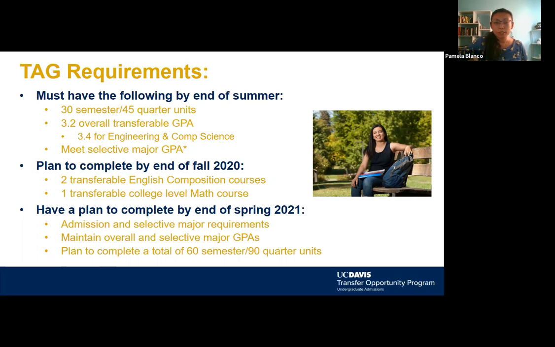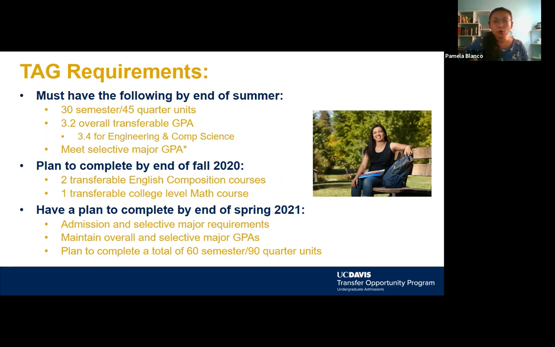So if some of you are taking summer classes, you're still trying to complete the 30 units, yeah, that has to be completed by the end of this summer. And these have to be community college units, so you have to be a California community college student, to clarify that.